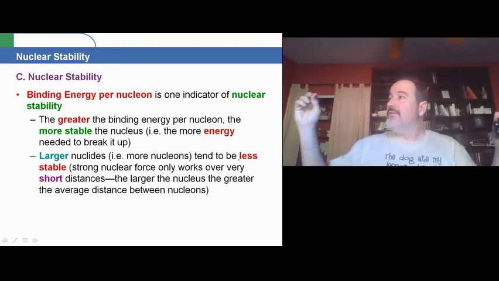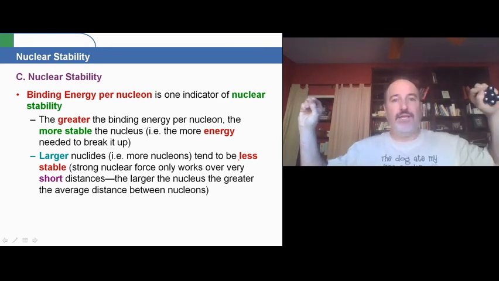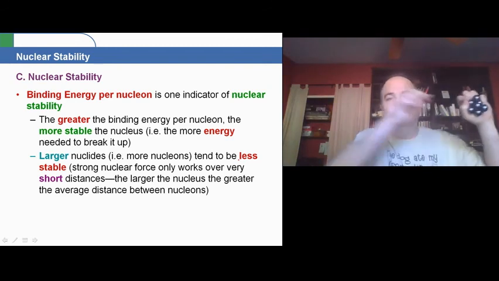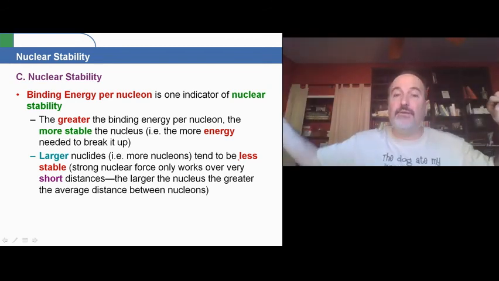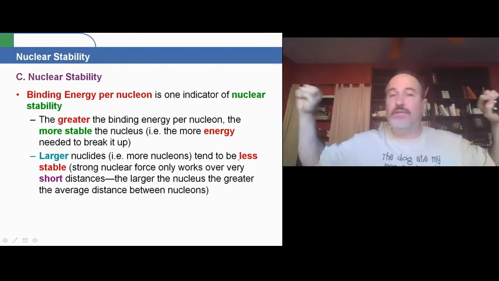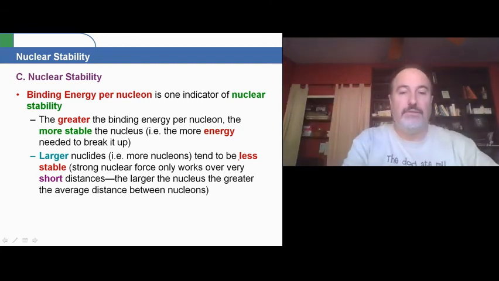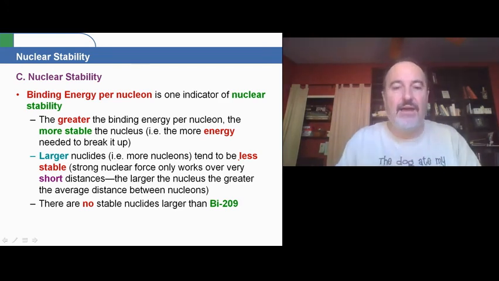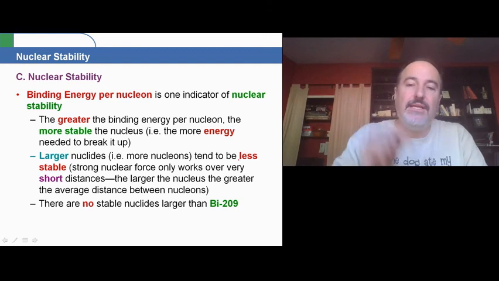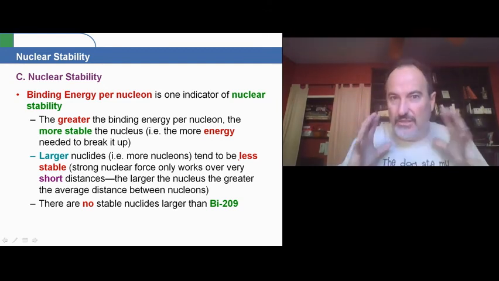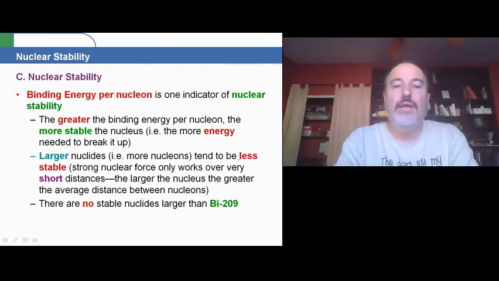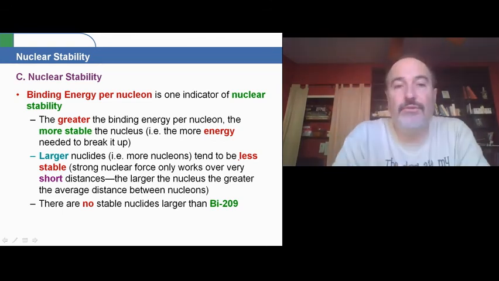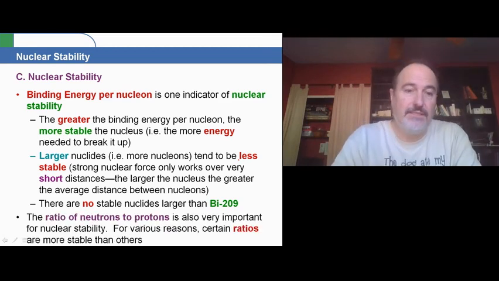Then one proton over here compared to one over here is so far away that the force of repulsion between those two becomes greater than the strong nuclear force holding them together, and they fly apart. So keep in mind the largest size you can have for a stable nucleus is 209. Once you get larger than 209, there are no stable nuclides. That's one reason for nuclear instability: large size.